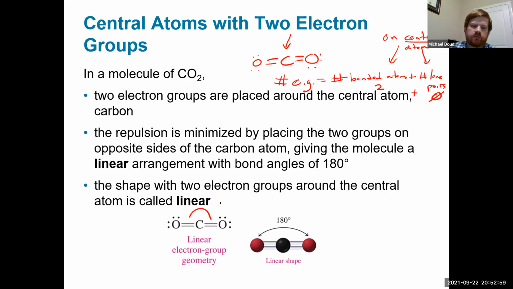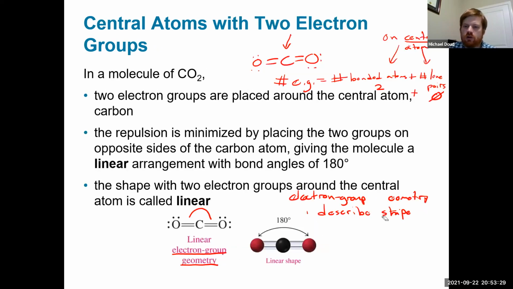Now, I want to point out a couple things here, because this is going to get confusing in a little bit. Note here what we say, this is the electron group geometry. So the electron group geometry is going to describe the electronic structure.